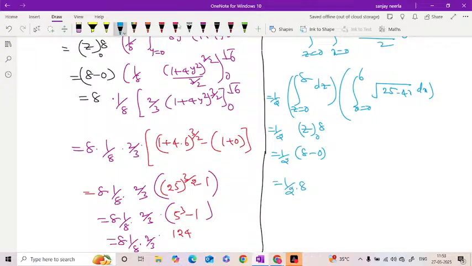Now come to the second integration. Now root of 25 minus 4x. By using the substitution method we can solve. Now here we will get 25 minus 4x whole power 3 by 2, divided by 3 by 2, and the derivative of this.